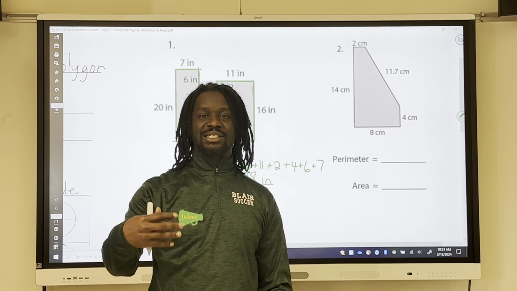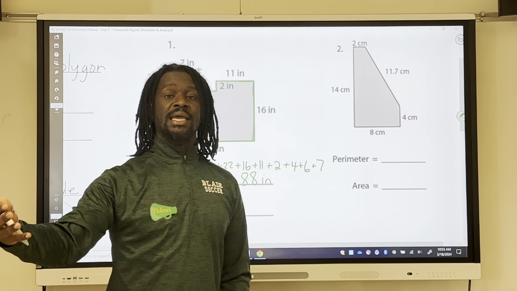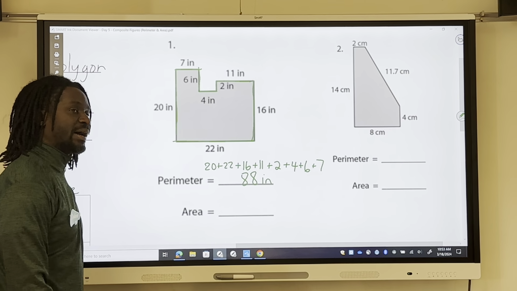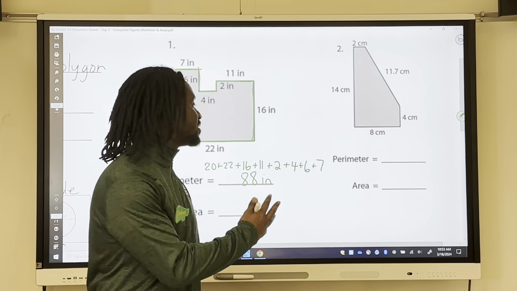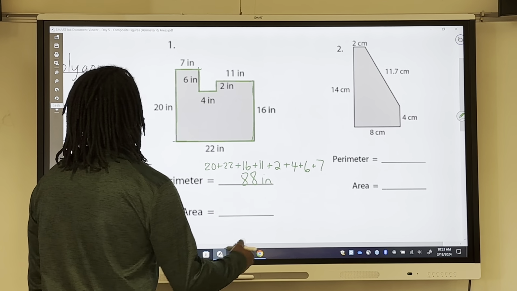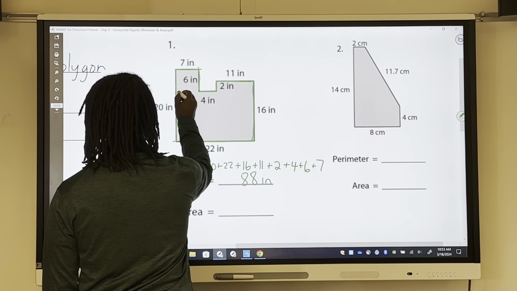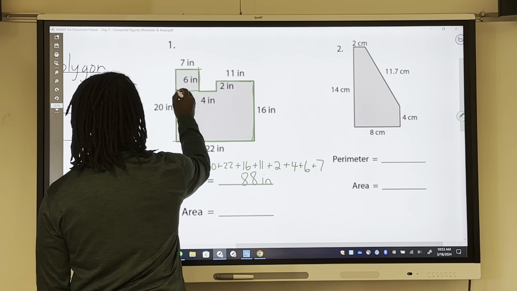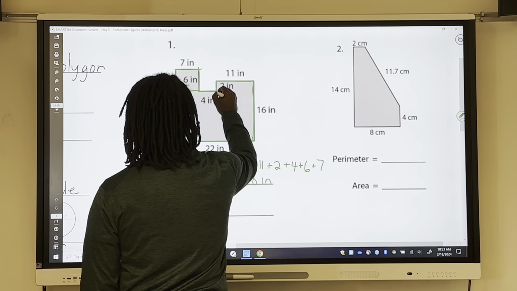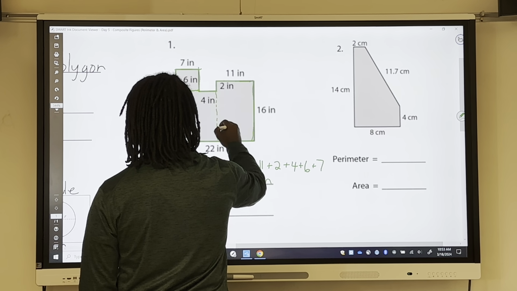You can do this any way that you want. If you want to break these shapes up differently, that is totally fine, all right? There are many ways to solve these problems. I'm going to show you the way that I would break it up. So in this one, I would break that up right there, okay? And then what I would do is draw a line here, okay?